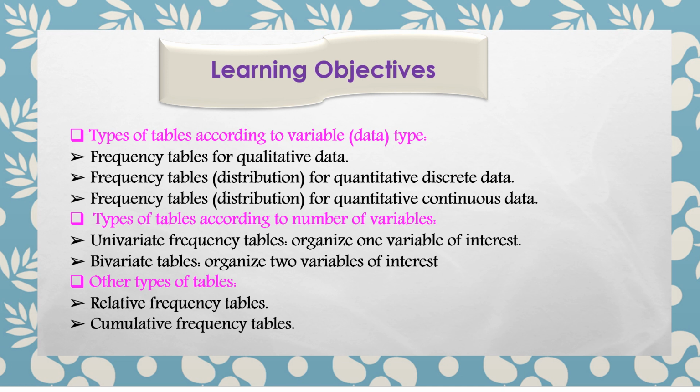And in section 3 and in this section, we will learn to make the univariate frequency tables for only one variable of interest. Other types of tables are the relative frequency tables and cumulative frequency tables, and in this section we will learn how to make relative frequency tables.